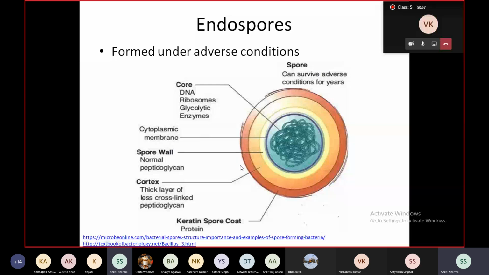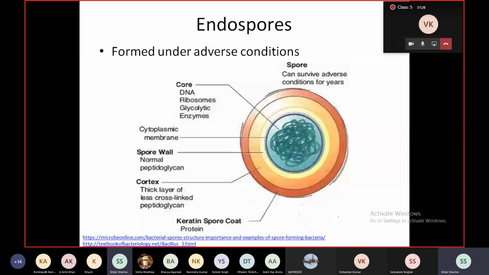The outer coat, which is made of protein, offers chemical and enzymatic resistance. Now following the coat is a thick layer of PG called the cortex. The PG here is less branched compared to the regular PG that you would see. Now beneath the cortex is the spore wall with a regular content of PG.